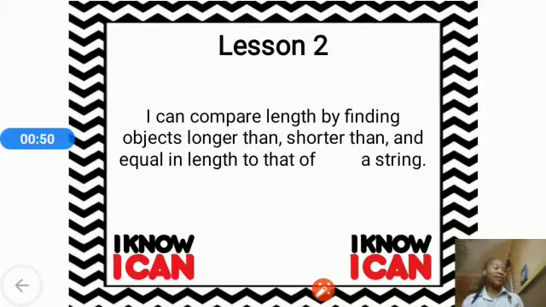Now, before we get started, I want you to make a paper strip of about 9 centimeters long. This is my paper strip. It's about 9 centimeters long. How will you go about the measurement?